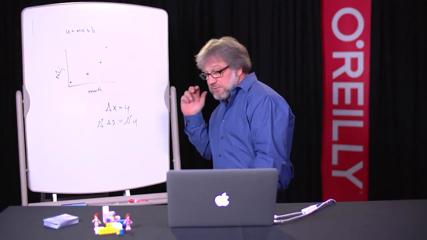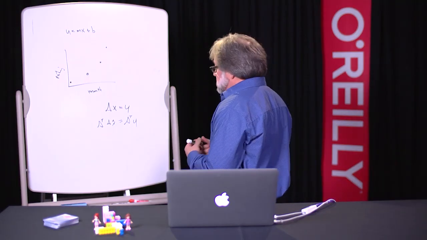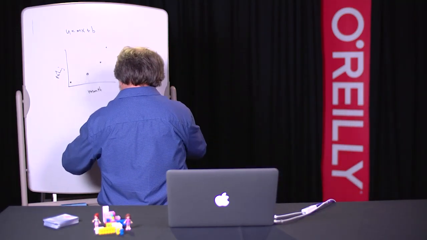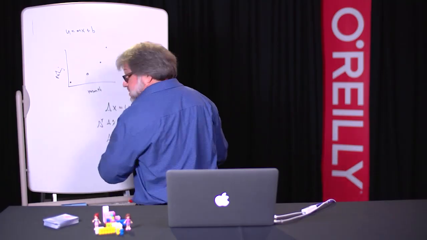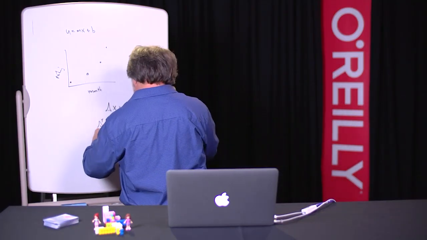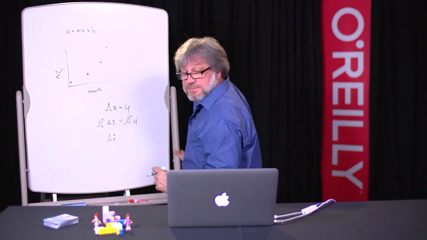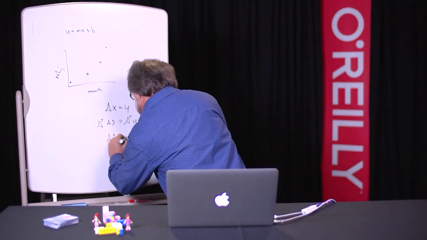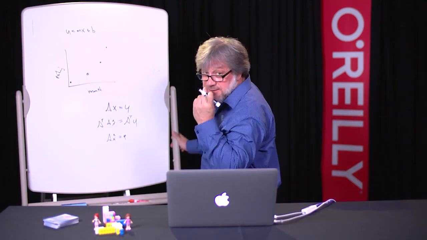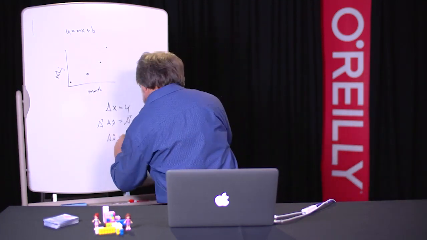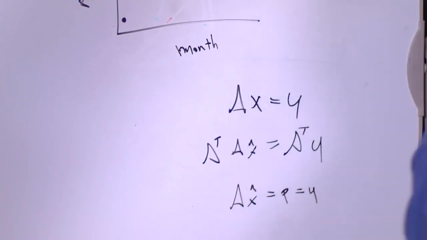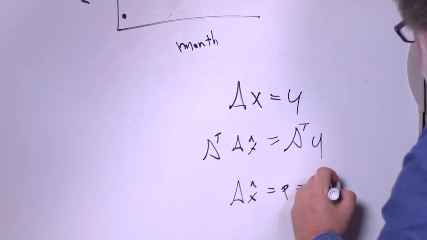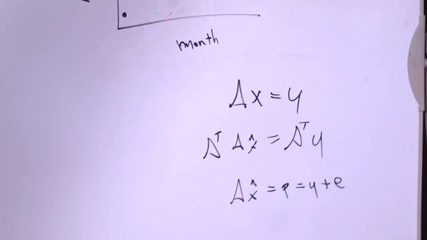Now, another thing about this is to get here, we can say that A times x hat, we want to plug that back in. We're going to have a different vector. We're going to call it p. This is our approximation. We're going to say that p equals vector y, the x's and y's that we got to, plus e, some error terms.